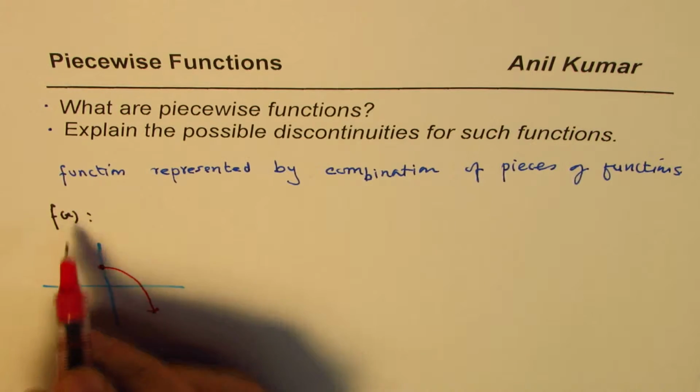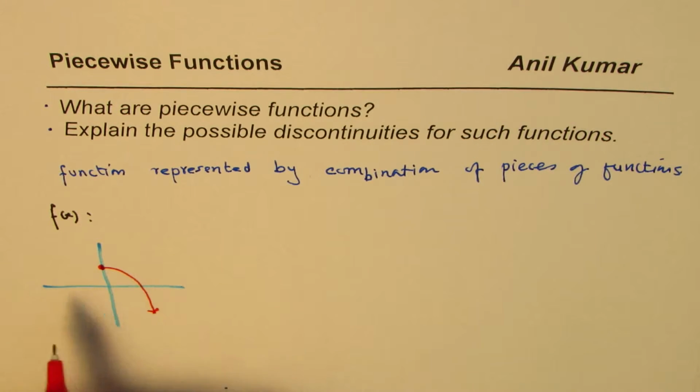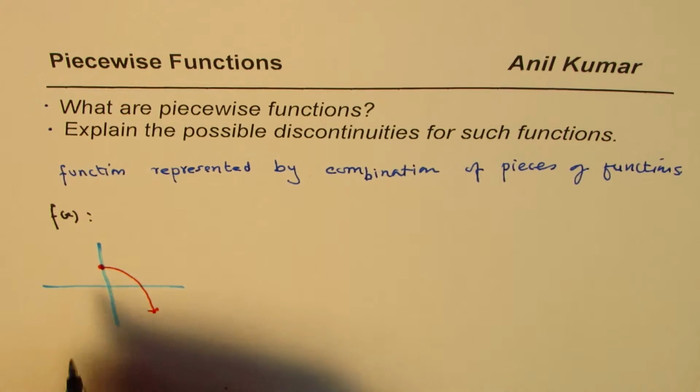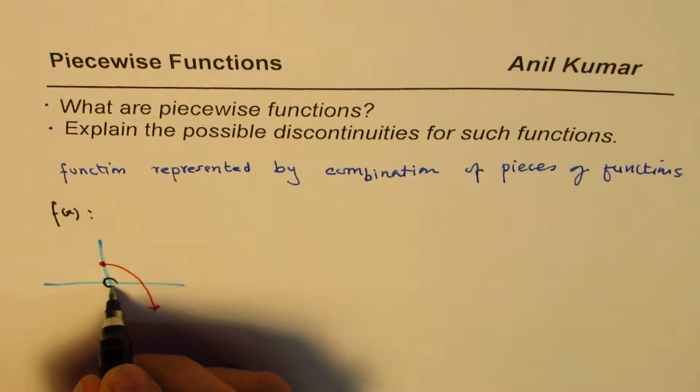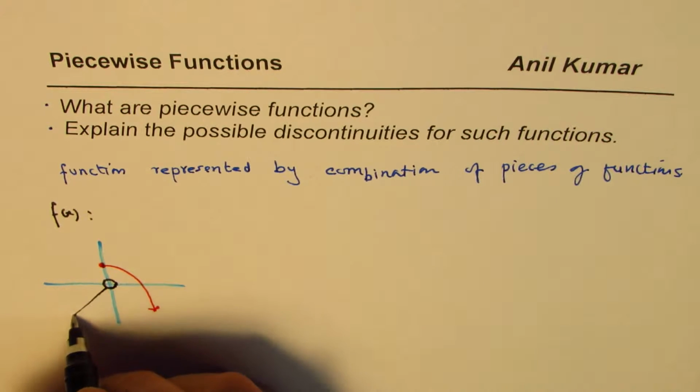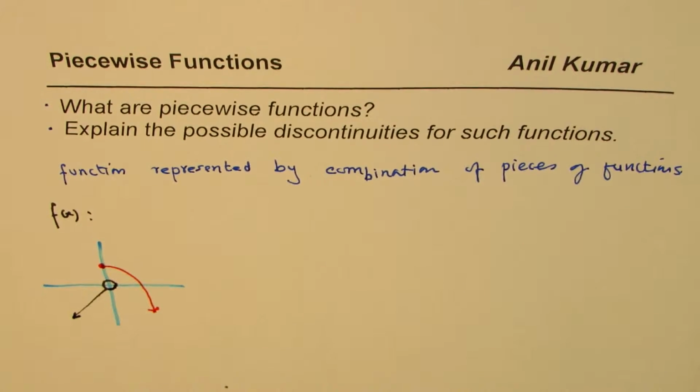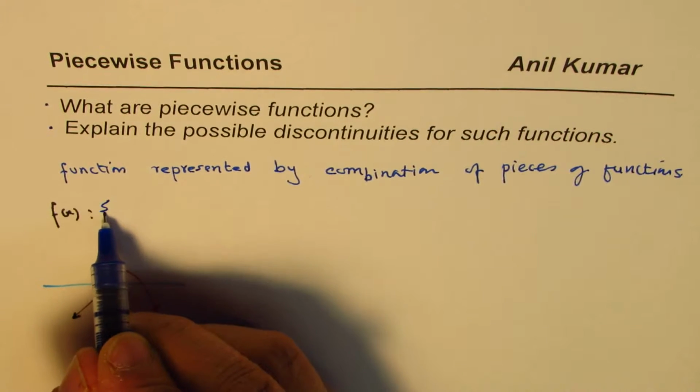So I'm saying that the function is a combination of two, where one I've shown like this and the other one I'm showing like this. Let's say a hole here and a line going like this. So these are the two pieces which join together to form a function. So we'll say this function could be defined like this.